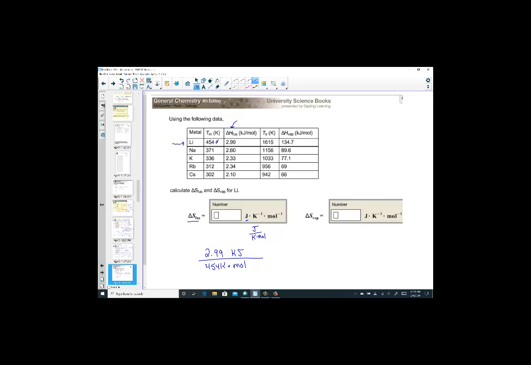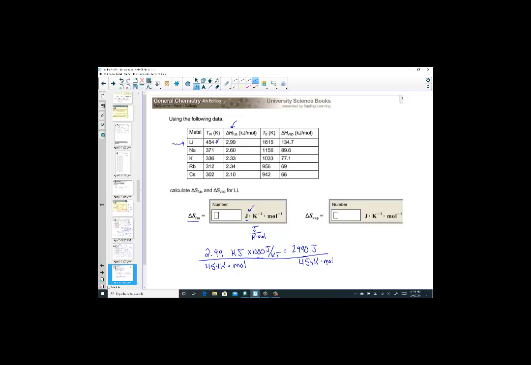All we need to do now is switch this into a joule unit, and if I divide that by 454 Kelvin, I get the desired unit of joule per Kelvin mole.